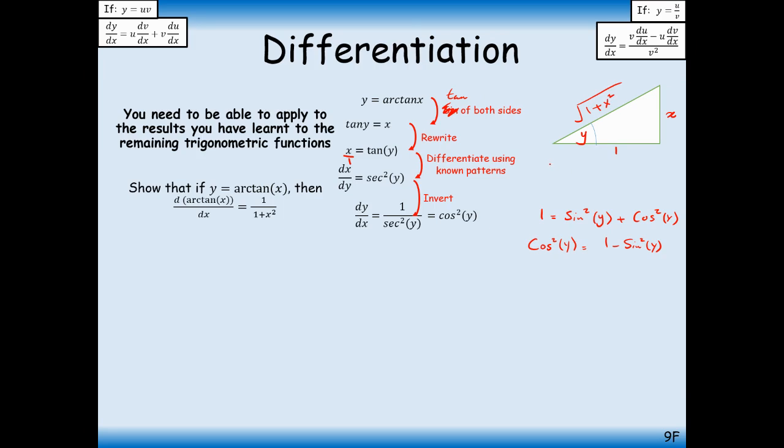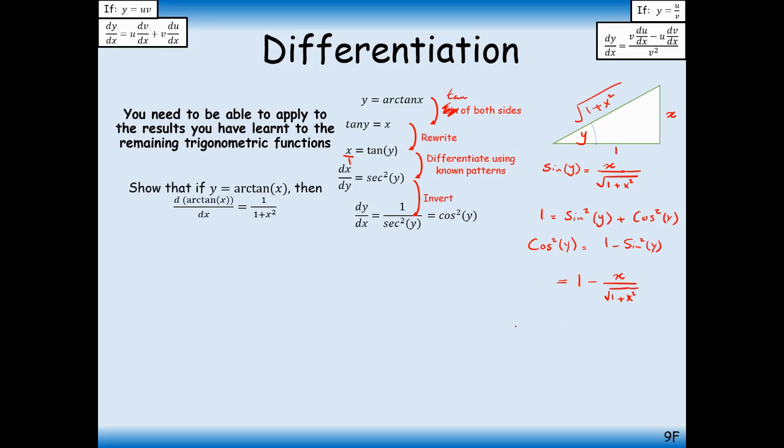So when we want to find the sine of y, it will be simply the opposite, which is x in this case, over the hypotenuse, the square root of 1 plus x squared. And if we substitute that into this expression, 1 minus sine squared is 1 minus x over the square root of 1 plus x squared in the denominator.